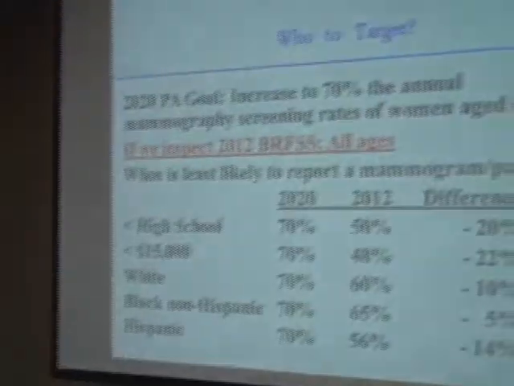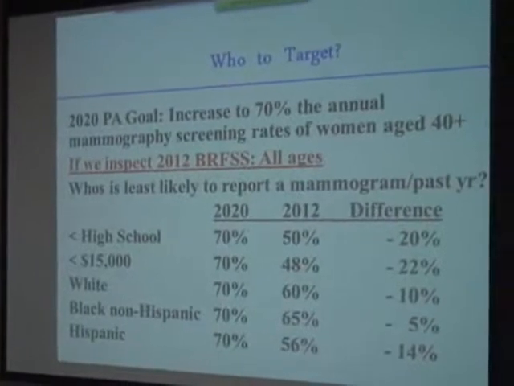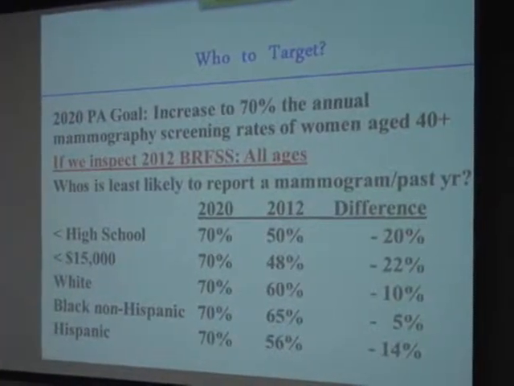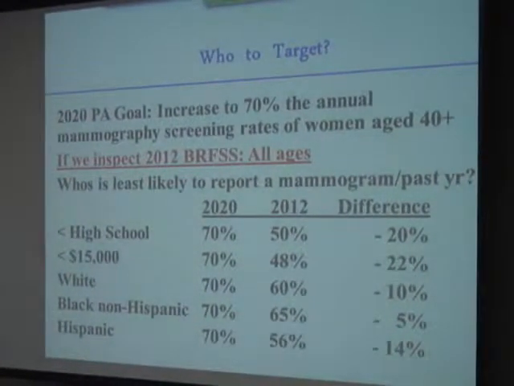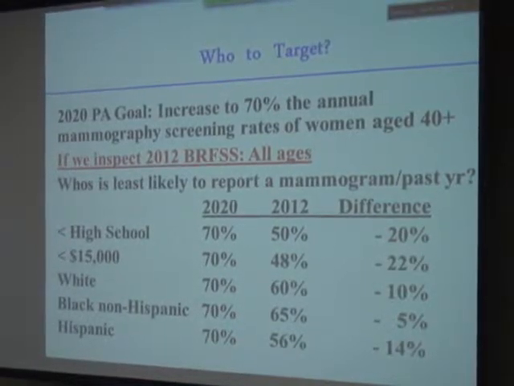But if you look at some of the socioeconomic breakdowns that we have from the Behavioral Risk Factor Survey, which are excellent, you can see here that if you set the goal at 70% across the board for groups, and you look at the reports of where are they now versus where do we want to be. All right, the first column is where do we want to be, and 2012 is where are we now.